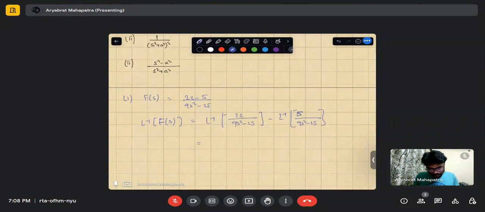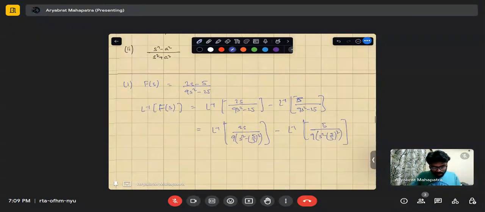I can write this in an appropriate way by taking a factor of 9 outside, which gives s squared minus 5 by 3 whole squared in the denominator. Here also I can take a common factor of 9 outside, which gives me s squared minus 5 by 3 squared.